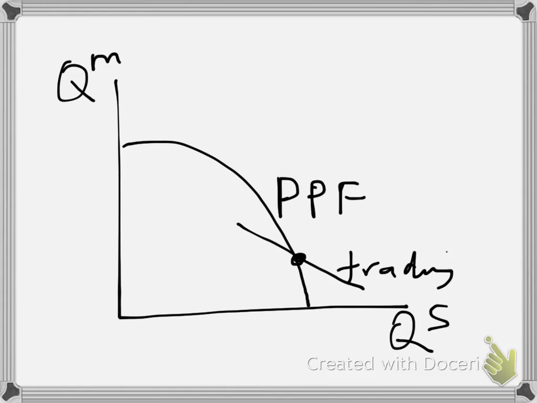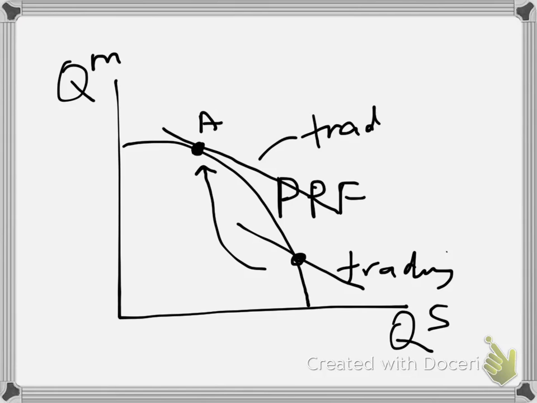By shifting production over here, they can produce this amount and trade along the trading line, and they can clearly attain points, all these points here on this consumption possibility curve, that are outside their production possibility frontier, so they're better off. That's the demonstration, the proof, that they're better off from trade.